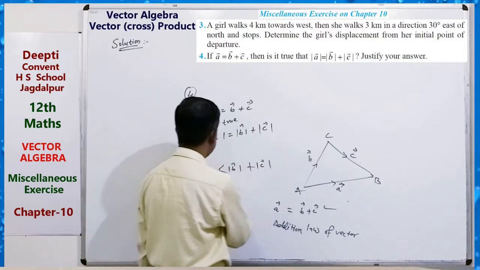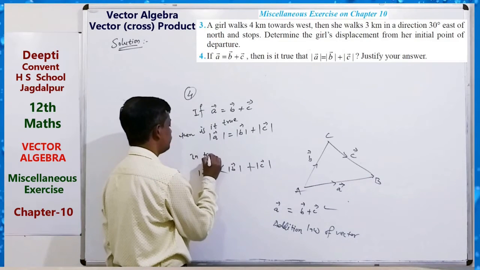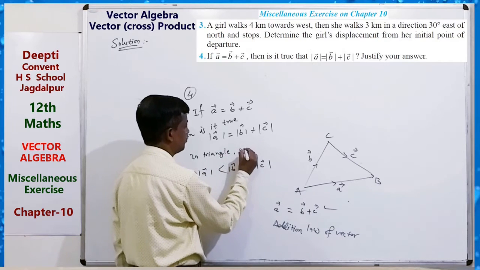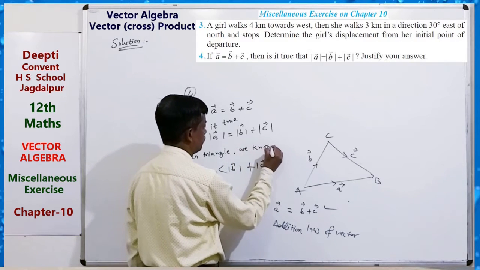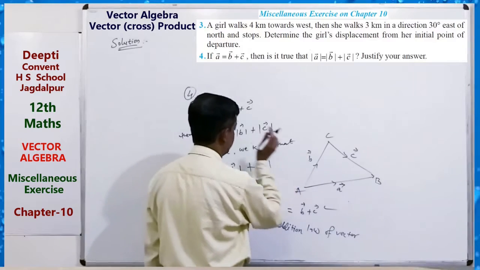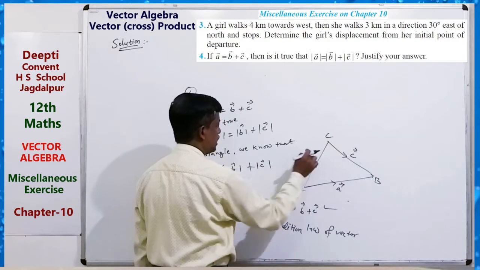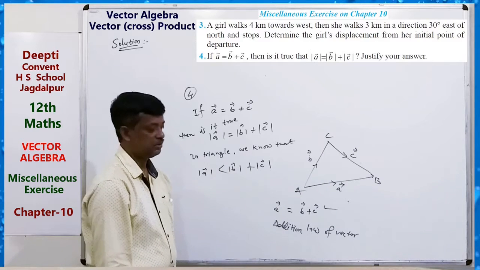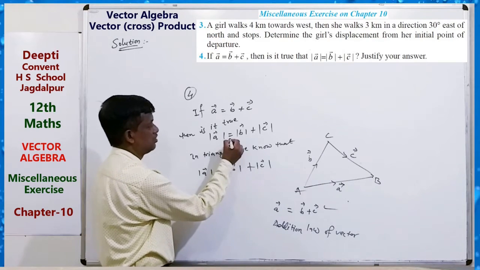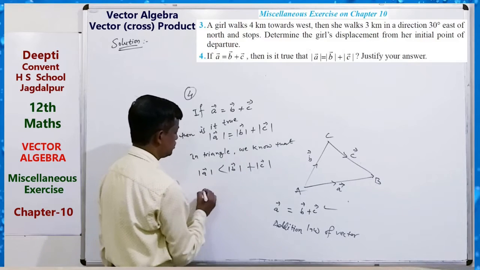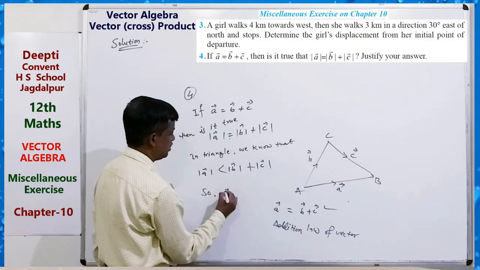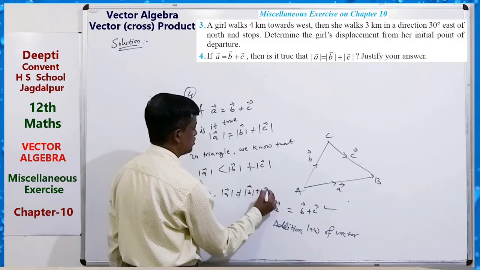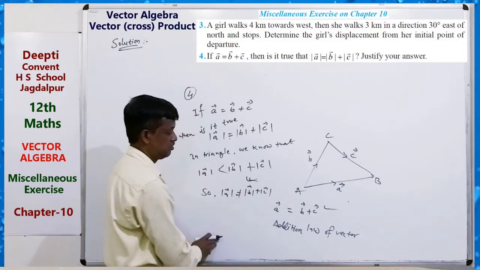In a triangle, the sum of these two sides is greater than the other side. So this is not equal. So mod A is not equal to mod B plus mod C.